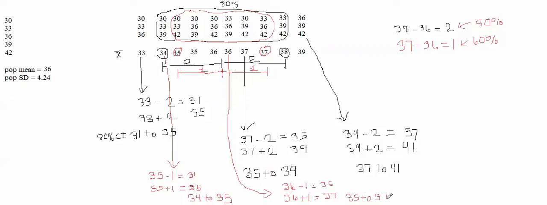Now we just need one more confidence interval. I told you to also pick a sample from above the middle 60%, which would be one of these two samples that are above the red circle. Let's do it with this sample right here, which has a mean of 38. We take the sample mean of 38 and we add and subtract 1 to get a 60% confidence interval.